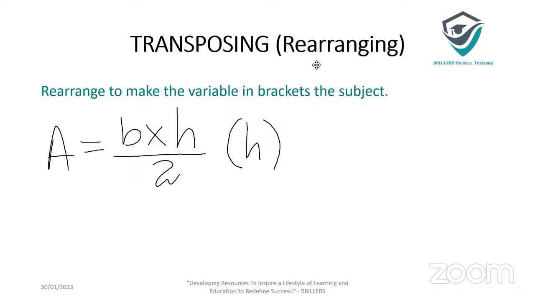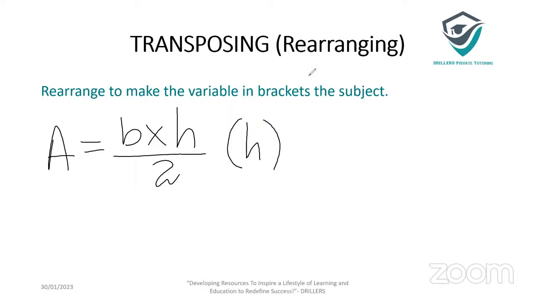If I want to make h the subject, the first thing I have to do is identify where h is. So we see that h is right there. The next thing I want to do is isolate h. And remember, in order to isolate h, I have to keep h on one side of the equation sign, and everything else has to go on the other side.